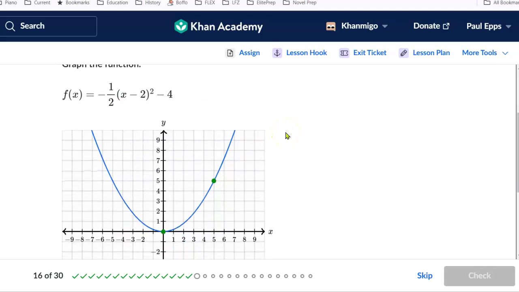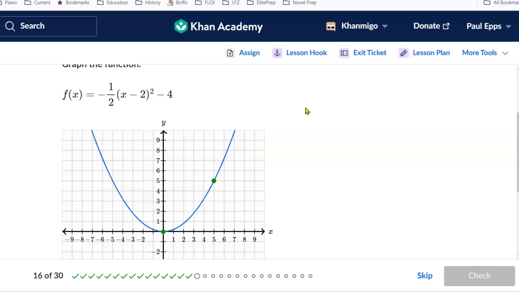Graph the function. Oh boy. Graph the function. All right. Let me look at this for a second. I'm gonna do this like a piece at a time here. So let's let x equal 2. Actually, let's forget about the negative 1/2 and the minus 4 for right now.